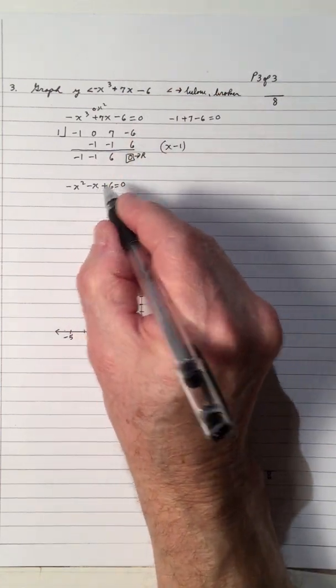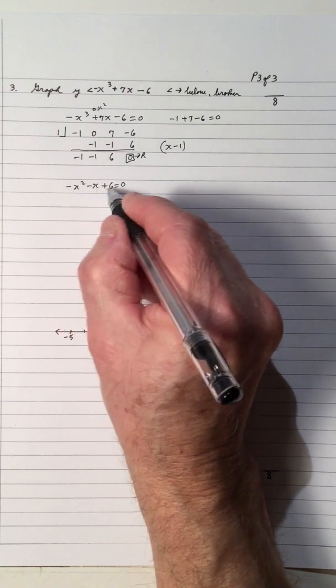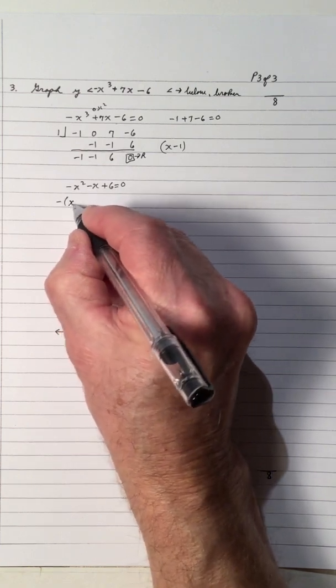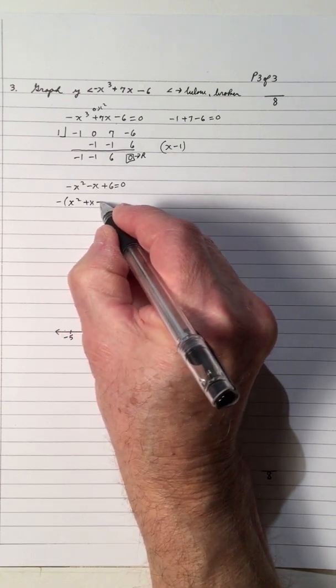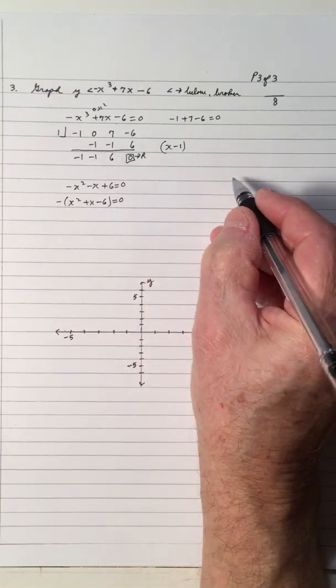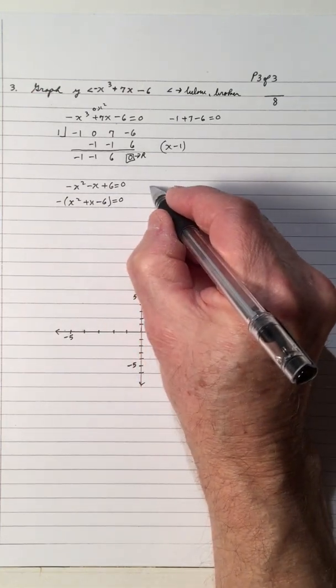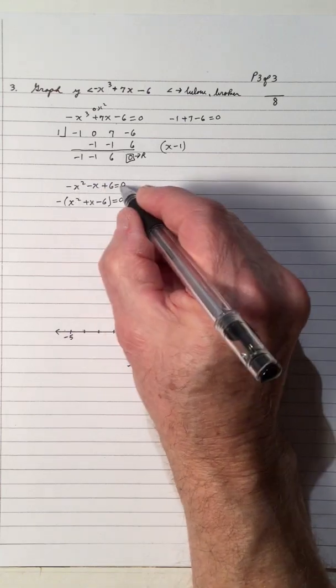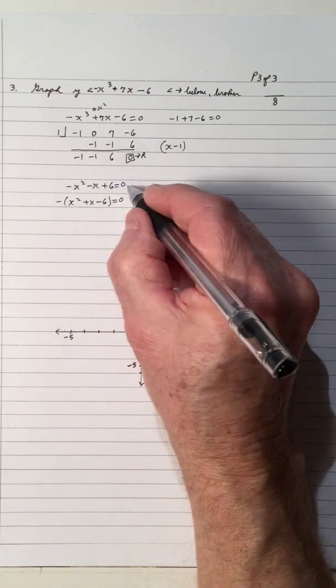So now I can do two things. I can either take the negative out when I go to factor, like this, or I could divide through, because it's equal to 0, I can multiply by negative 1.